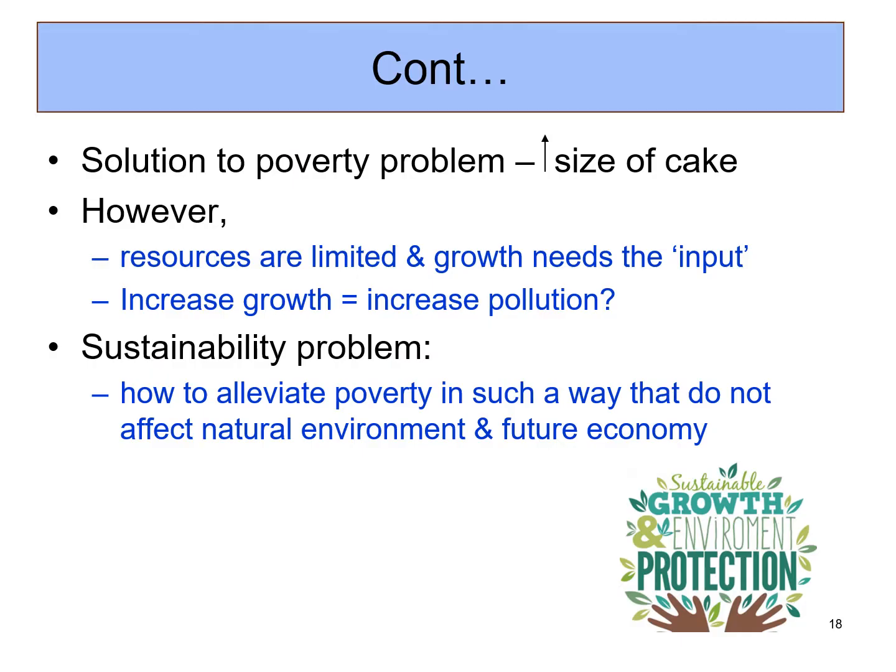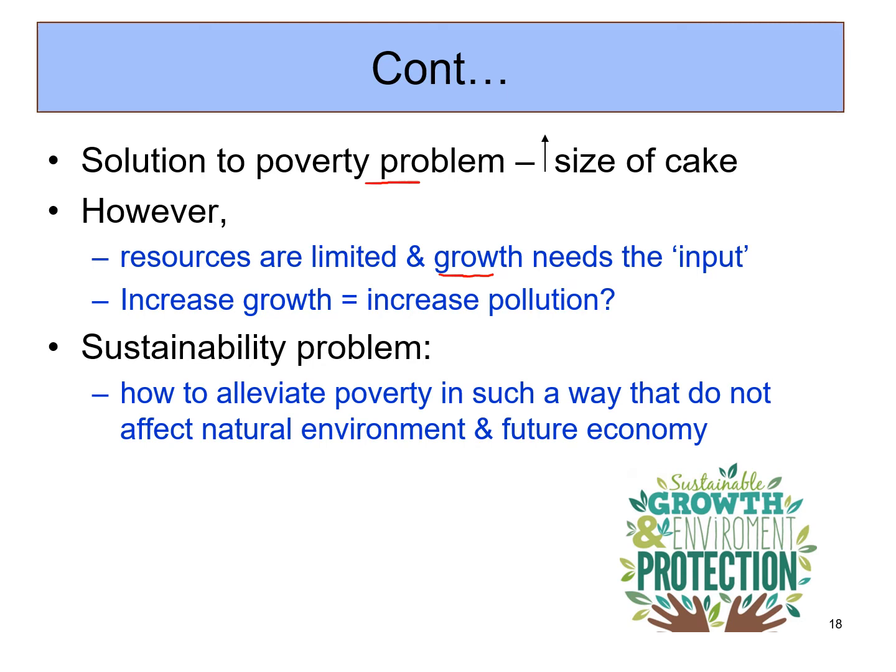Economists believe that economic growth is the solution to the poverty issue. When we have economic growth, definitely we can increase the size of the cake and it can be shared with many people. However, our resources are scarce and also limited. When we want economic growth, we need these resources as inputs to increase our economic performance. So how can we go about it?